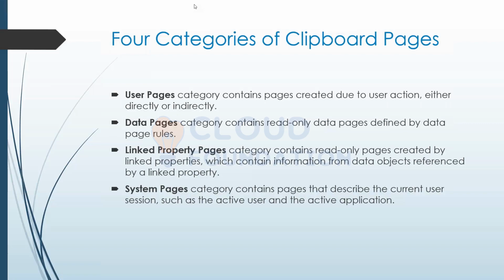To give you a simple example, when I open my banking portal to check my balance, balance has to be a read-only field. It should not be editable. If you try to get this data into your application, it would be under the data pages category. It will typically be read-only information.